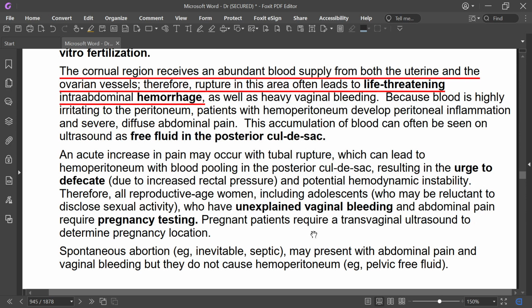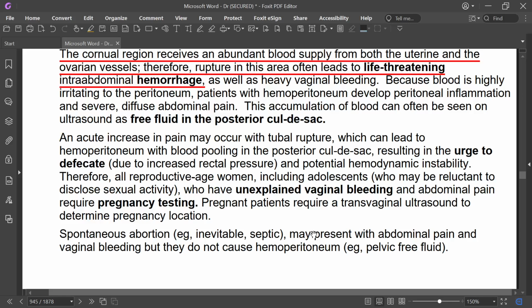An acute increase in pain with tubal rupture can lead to hemoperitoneum with blood pooling in the posterior cul-de-sac, which results in the urge to defecate due to increased rectal pressure. Adolescents, who may be reluctant to disclose sexual activity, and who have unexplained vaginal bleeding and abdominal pain, require pregnancy testing.